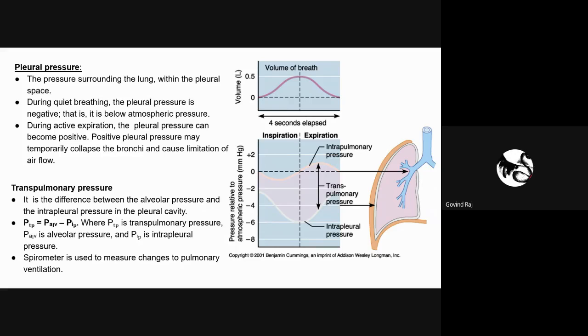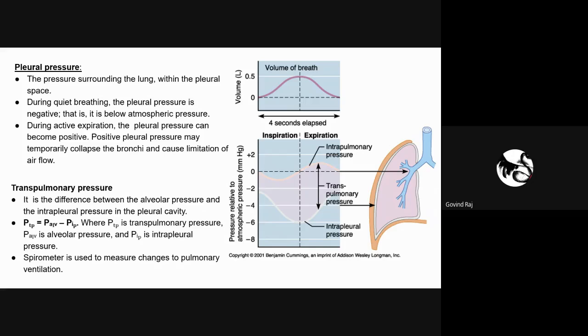This positive pleural pressure may temporarily collapse the bronchi and cause limitation of airflow. So what happens is that when we forcefully expire, the lungs contract. So an opposite pressure is developed, and that results in a higher or positive pleural pressure.